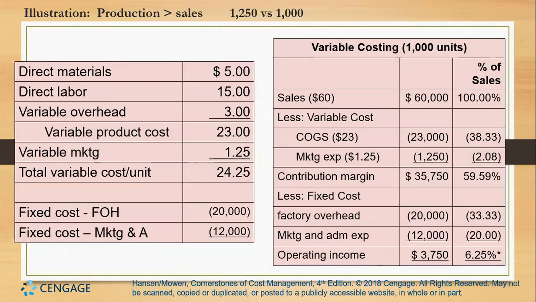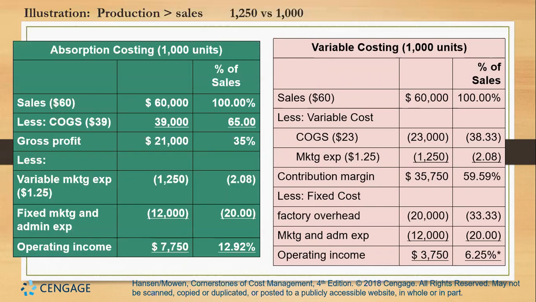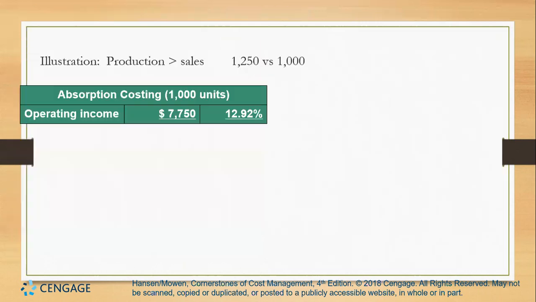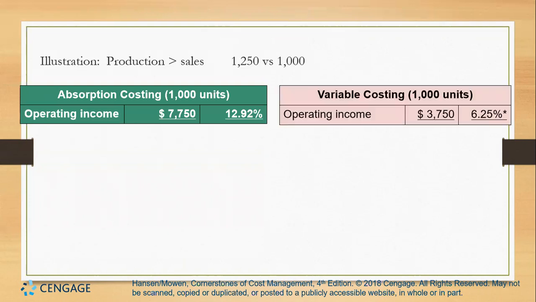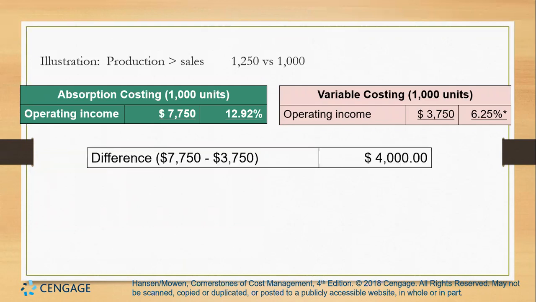Okay, so be guided accordingly by our set of rules. Now, the net income compared for the two methods of costing. Okay, so we have the difference between the two methods of costing.